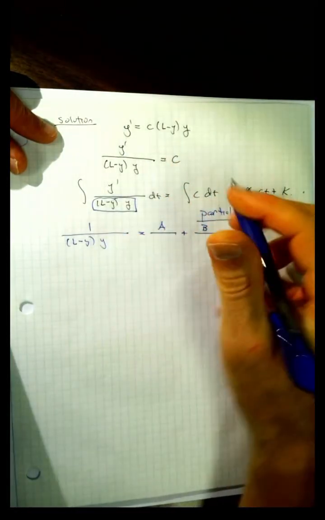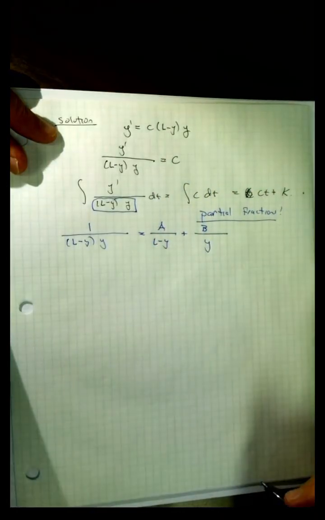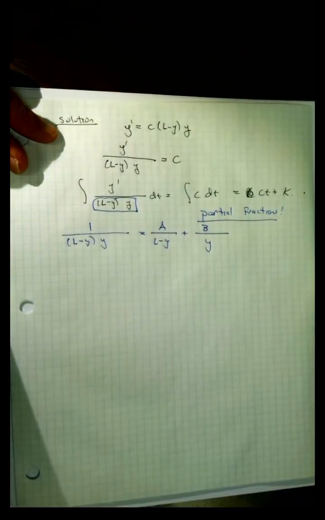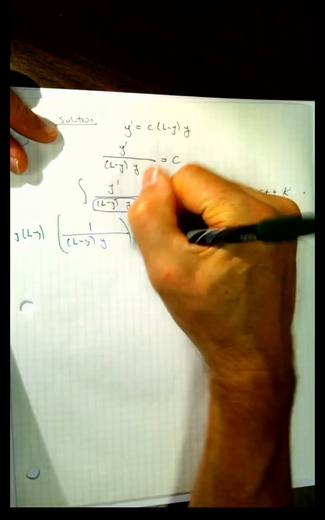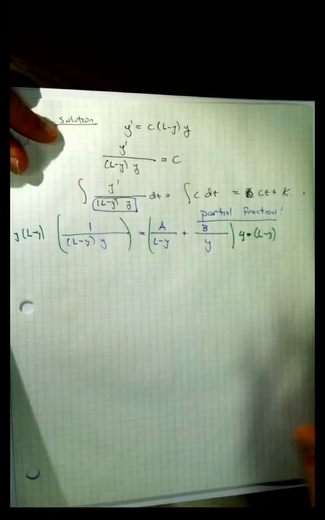These are first order, so I'm going to have the first thing and the second thing. I'm going to multiply everything through by the denominator, y times L minus y.